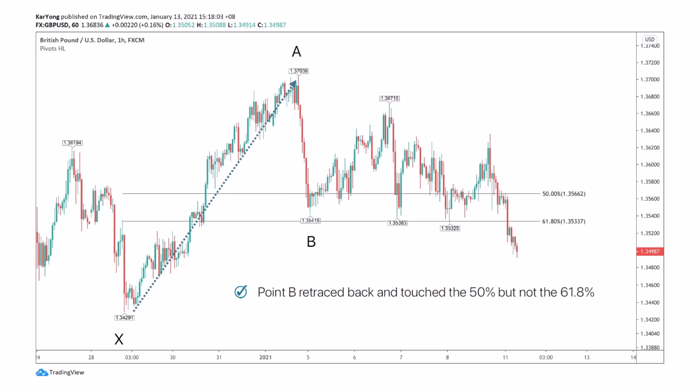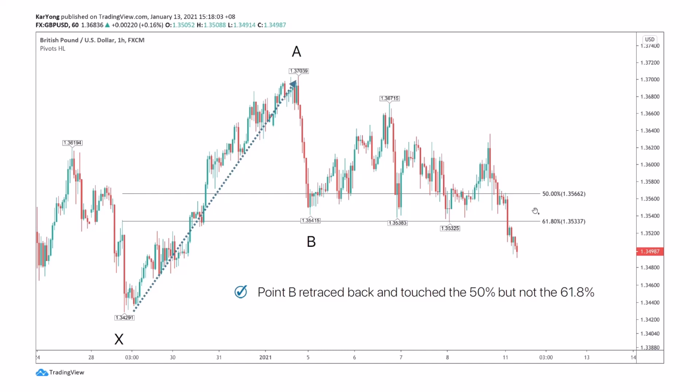But in this case, you realize that it did not touch the 618. Now this is very crucial because it's very specific in its rule. If it touched the 618, then the retracement will be considered as 618. So we always look at it from the perspective of during that retracement, did price touch that particular retracement level?